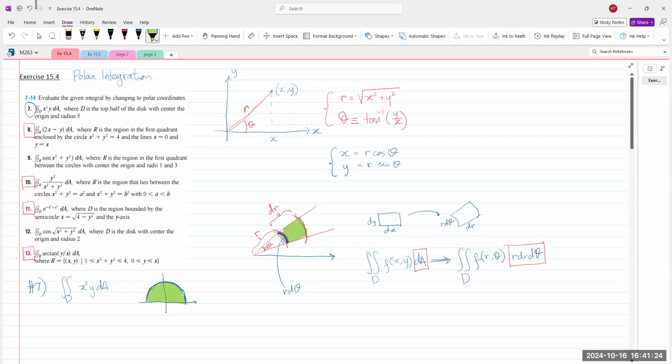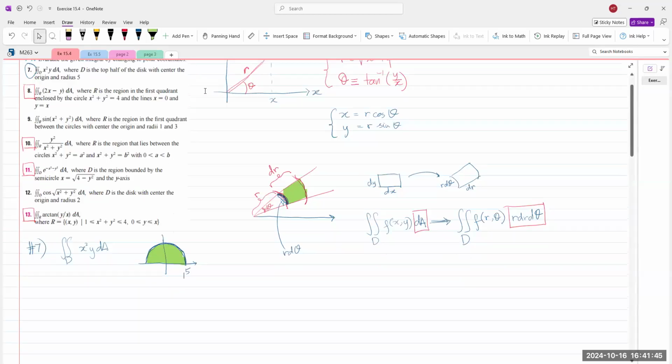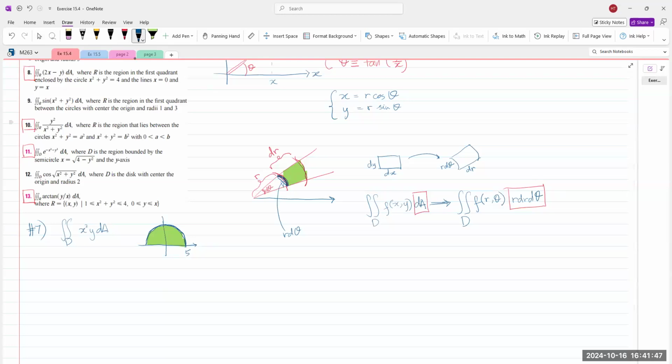So when we say half of the disk, it means not only the perimeter or circumference of the circle, but everything inside that circle, the plate. So it's the top half of the disk with center origin and radius 5. That's the domain D.